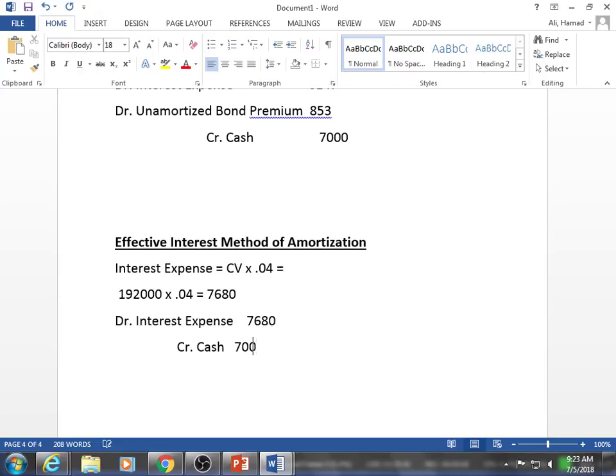Also we're going to credit unamortized bond discount for how much?